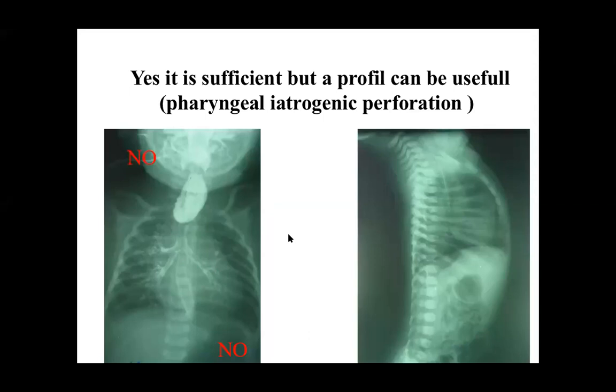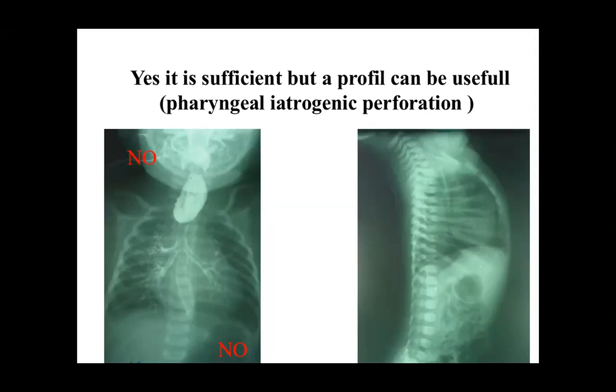Sometimes you can suspect a pharyngeal iatrogenic perforation. Pharyngeal iatrogenic perforation is observed in some difficult cases of intubation in highly premature babies. Here, the clinical features will be similar to those you have in esophageal atresia.